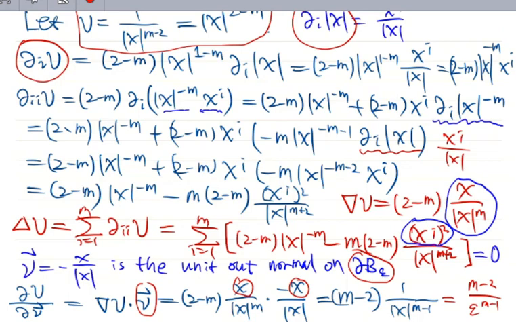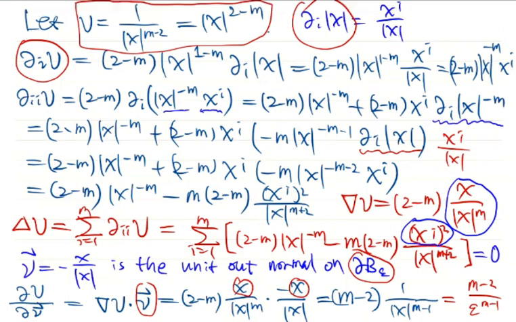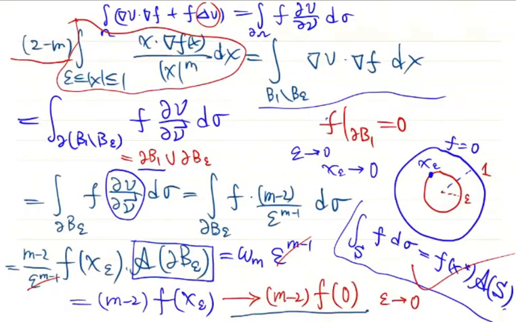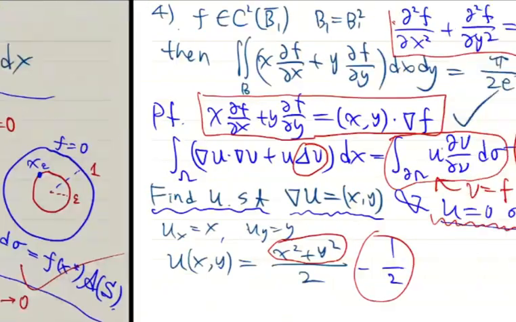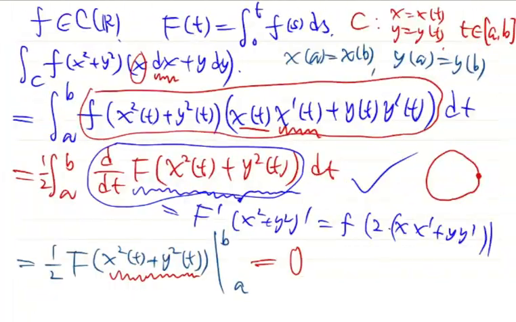This function v we already encountered in our previous example. So we know that the Laplacian of v is 0, and the gradient of v we also know, as we already computed before.